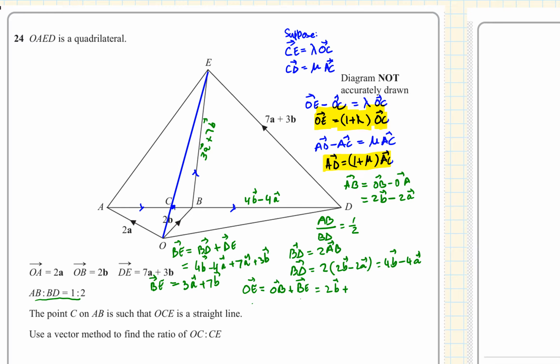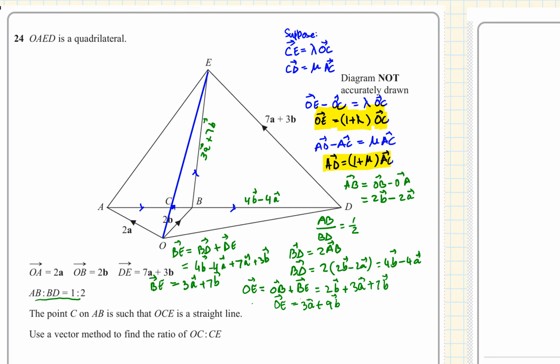So we know OB, we know BE, so now I can go on to working out what OE is. And OE is equal to OB, which is 2b, plus BE, which is 3a plus 7b. So OE is equal to 3a plus 9b.